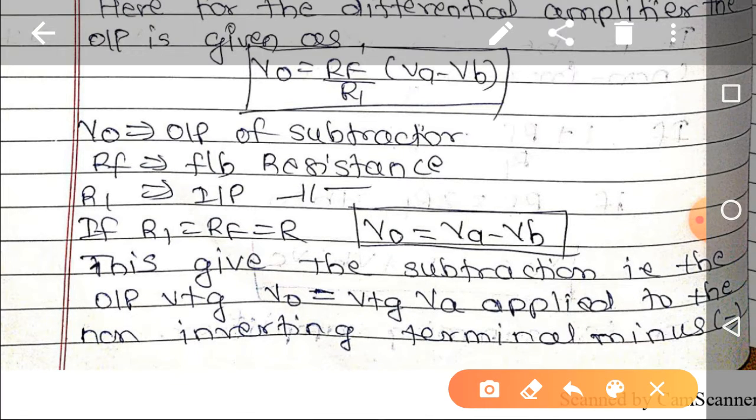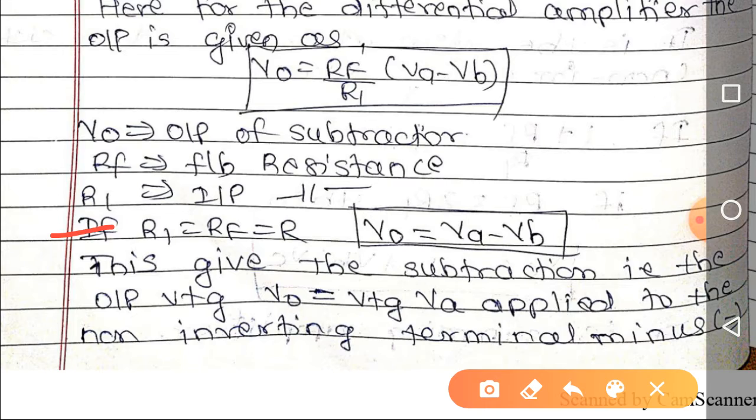If we take the same value for all the resistors, R1 is equal to RF is equal to R, then you will get V0 is equal to VA minus VB.